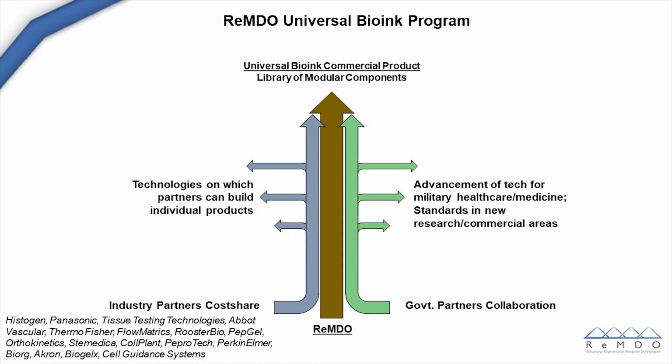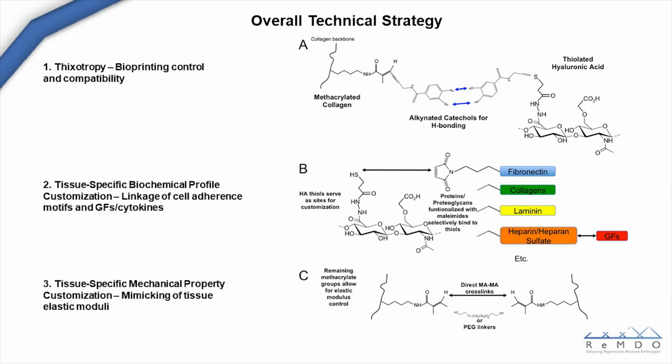And what industry partners are getting out of this is one, knowledge base as we advance this tunable bioink system in areas of 3D bioprinting, and then also in developing standards. But this platform technology can also be used to develop individual products off of that industry sees benefit. And then, of course, the government's interested in advancing RegenMed technologies that are based off of this tunable bioink system.